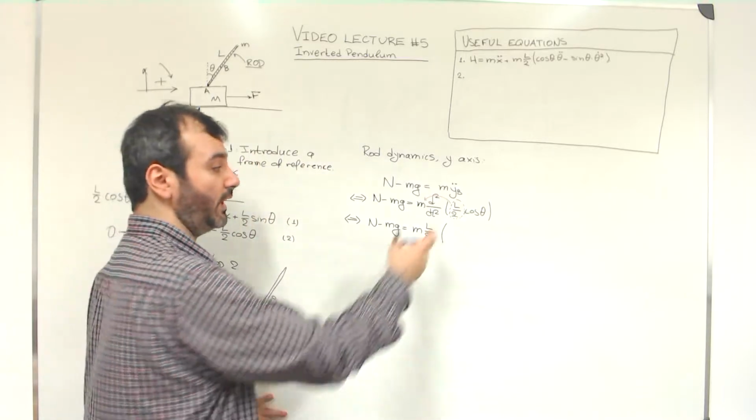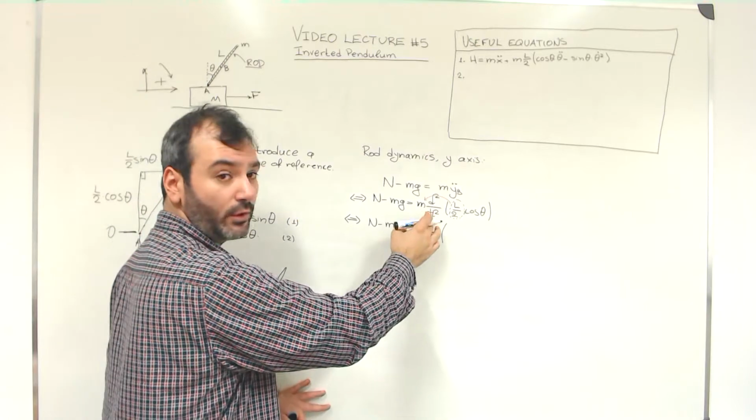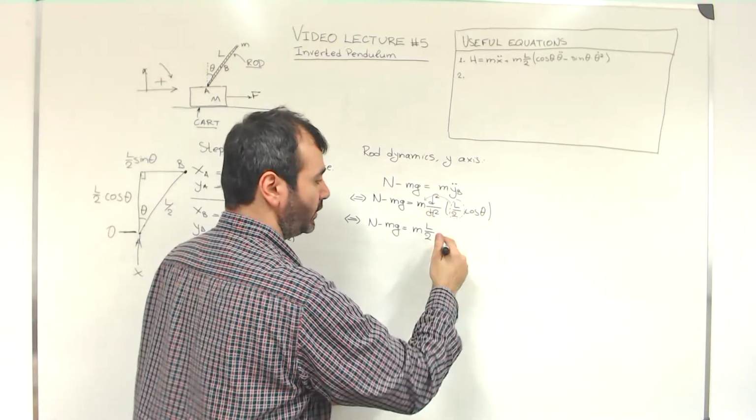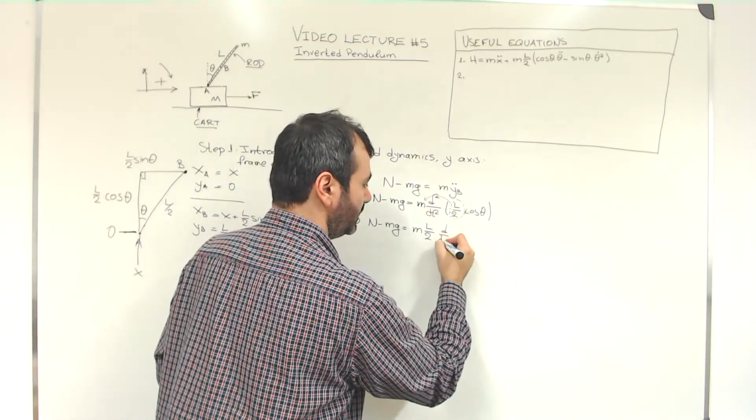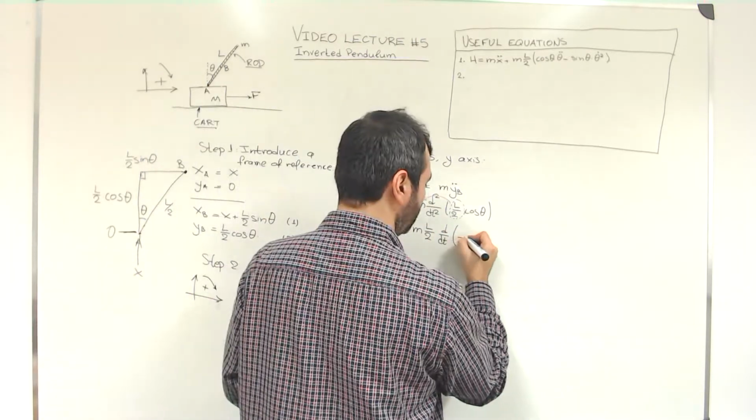So first of all, I moved L half outside, it is here, and now I'm going to differentiate cosine of theta once. So I keep one derivative outside and I'm differentiating cosine of theta.